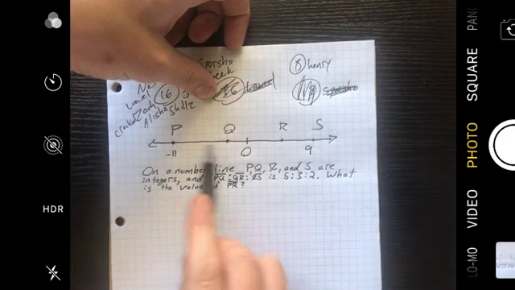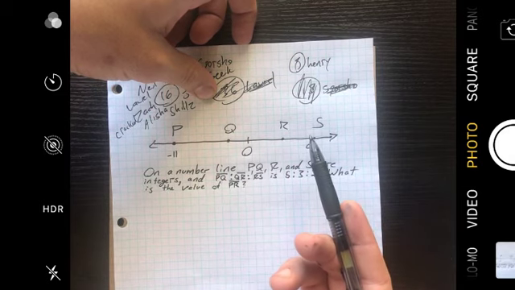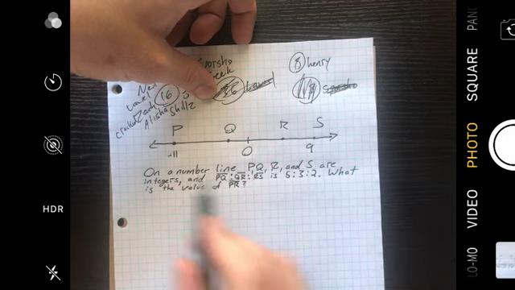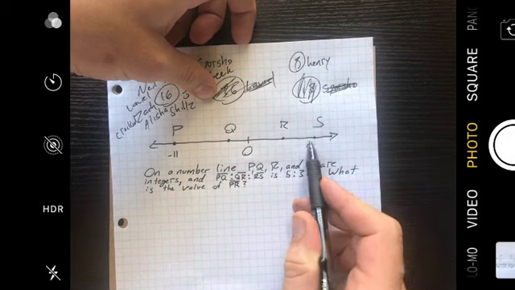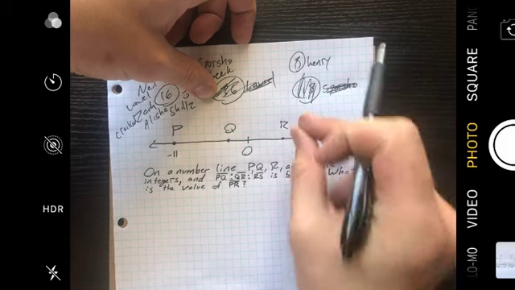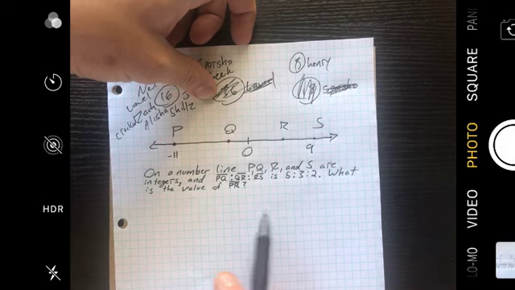Now, if I were to add up PQ, QR, and RS, then I would have the entire length. But this is the reduced ratio, because 5 plus 3 plus 2 just equals 10, and it's 20 in between here. So we have to first find out by what they reduced this ratio.